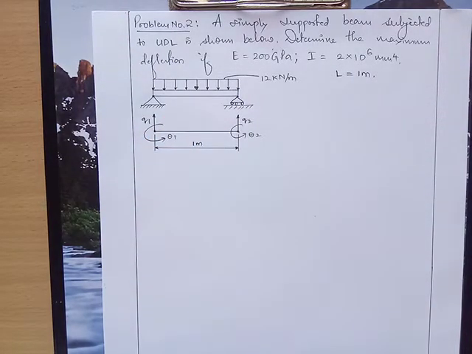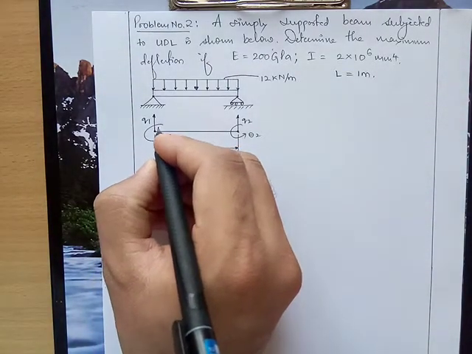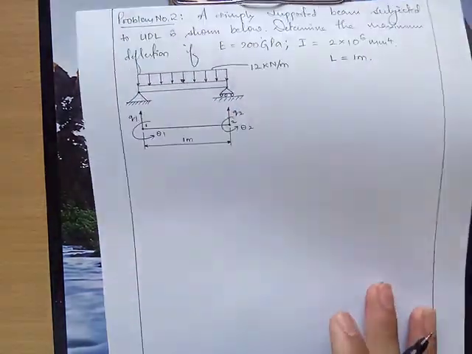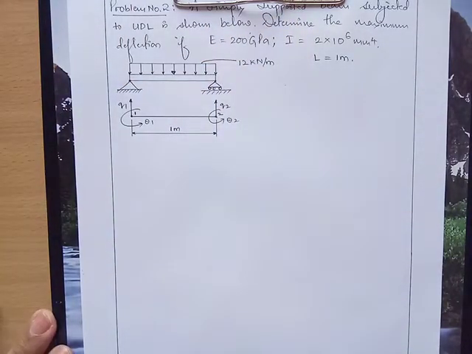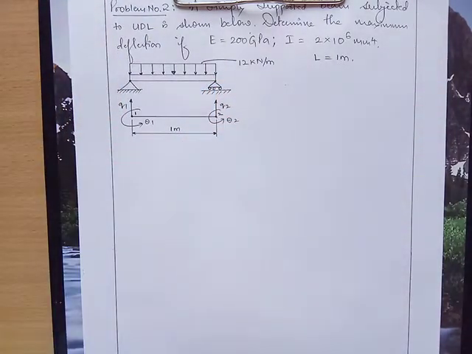My solution starts with this step, that is drawing of the element diagram. I'll take this as node number 1 and this as node number 2. Now I have treated this entire beam as a single element; I have not divided it into multiple elements.